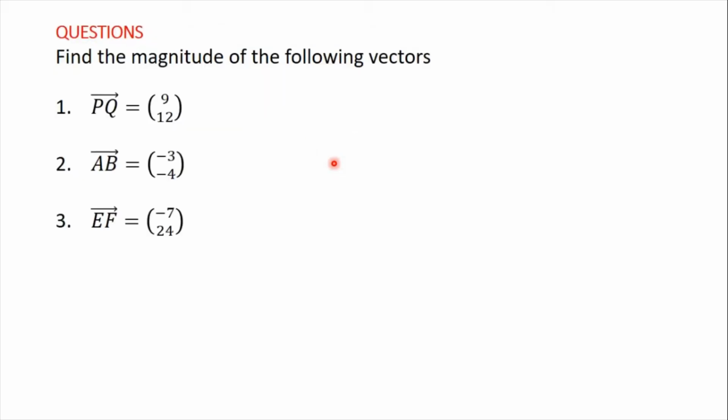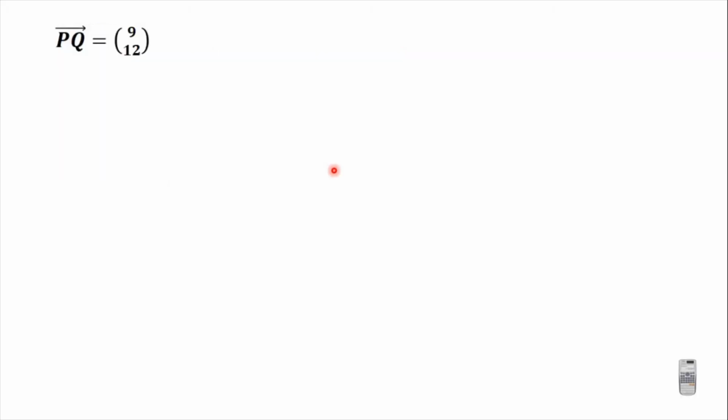Find the magnitude of the following vectors: PQ (9, 12), vector AB (-3, -4), vector EF (-7, 24). Let's take the first one, vector PQ (9, 12). As we said, the magnitude of this vector PQ is written as PQ with these bars around it.